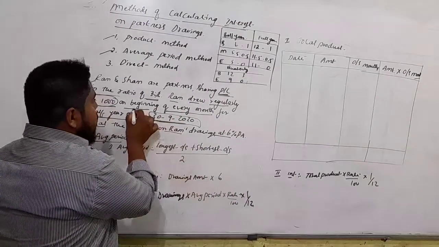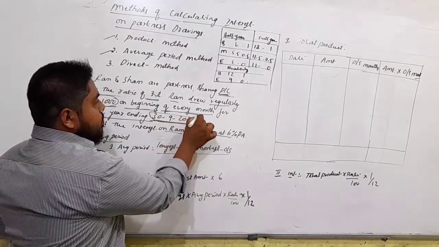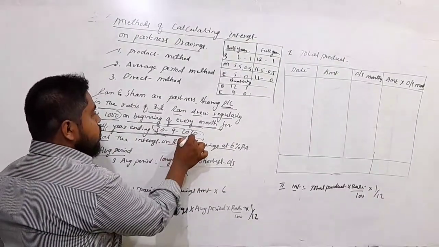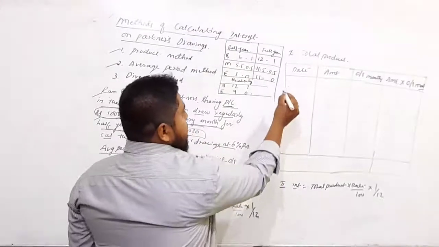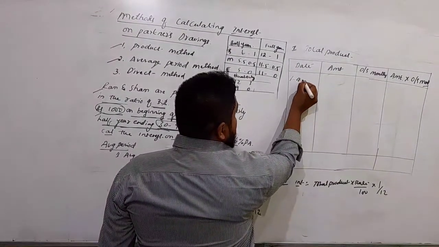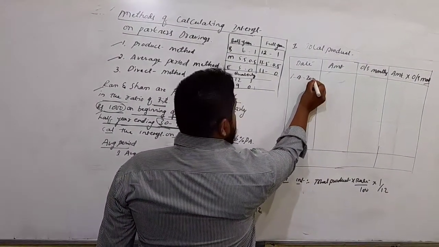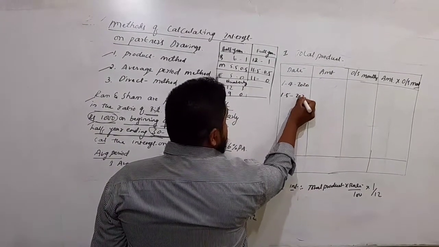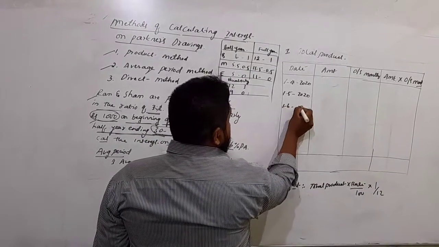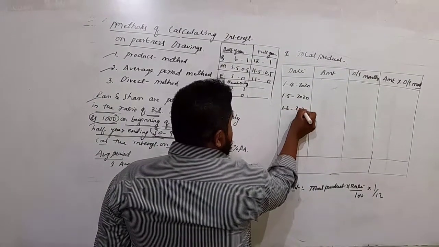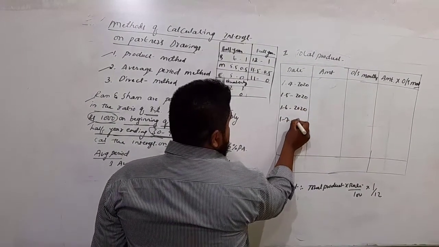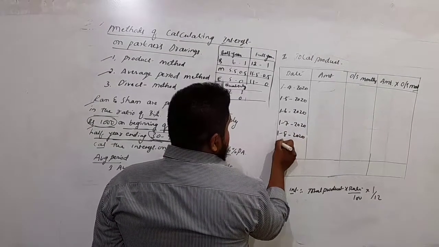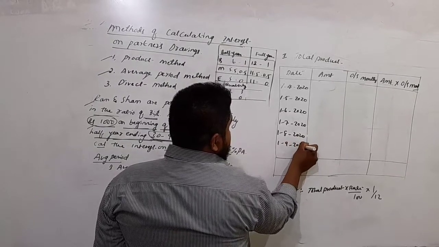Beginning of every month for the half year ending 30th/9/2020. So beginning of every month, that is 1/4/2020, next 1/5/2020, next 1/6/2020, 1/7/2020, 1/8/2020, next 1/9/2020.